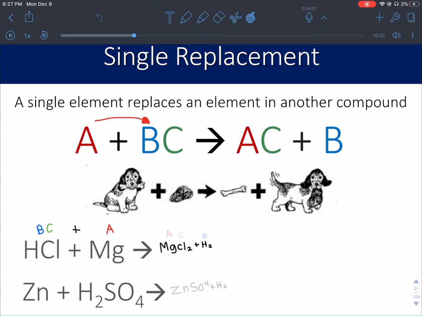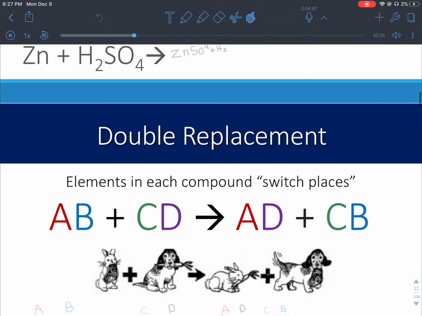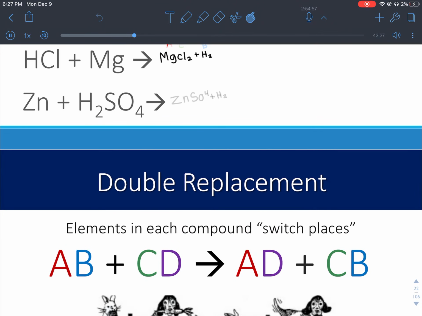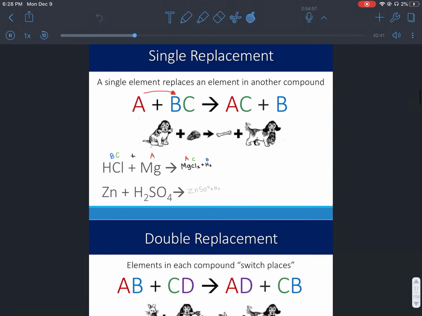So that's that pattern. One thing replacing another. In this second one, zinc is going to replace hydrogen, because cation replaces cation. So it'll be zinc and this SO4, charges check out, +2, -2. And then the other one alone would be hydrogen alone.